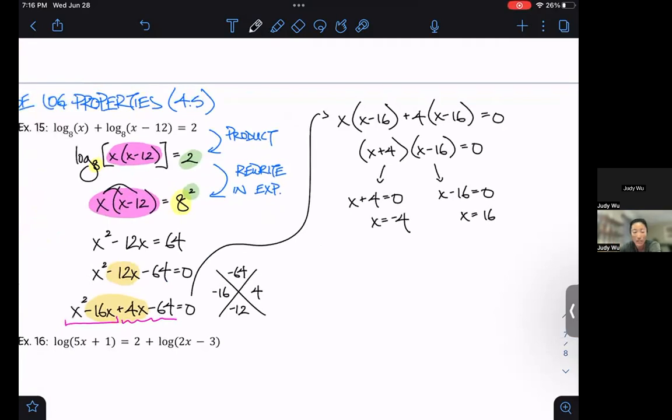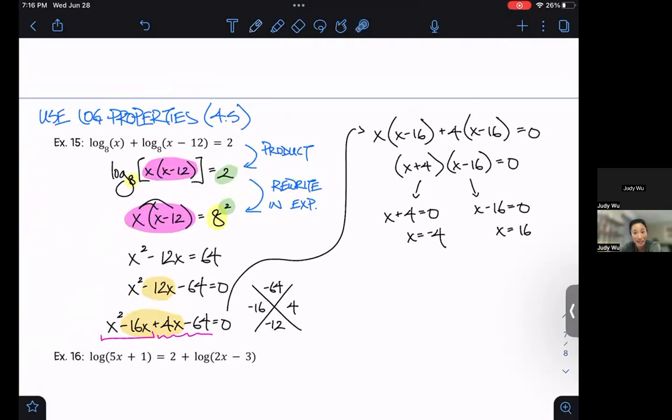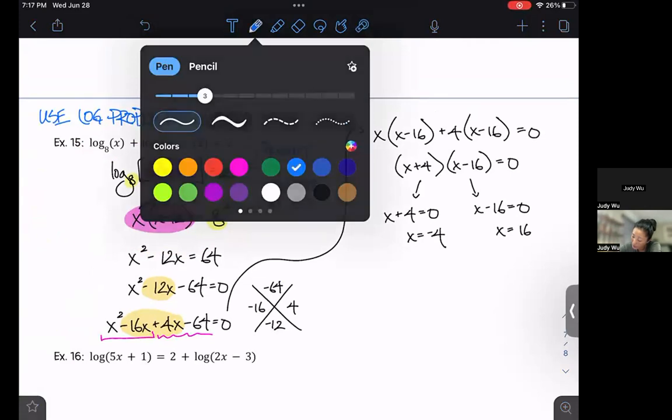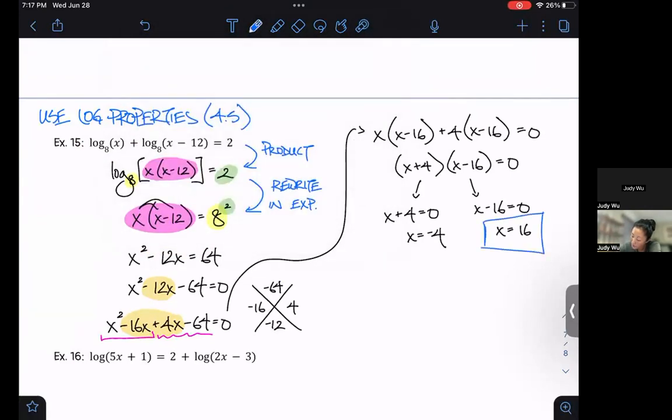Now, before we put that victory box around those and say, yes, those are both answers, we need to plug them back in. But where do we plug them back in? Do we plug them back here? No, that's not where we started. We got to go all the way back to the beginning. Literally what is typed as the problem. That's where we plug in our numbers. Now, I'm going to leave that up to you, but I will tell you that 16 is an answer, but x equals -4 is not.